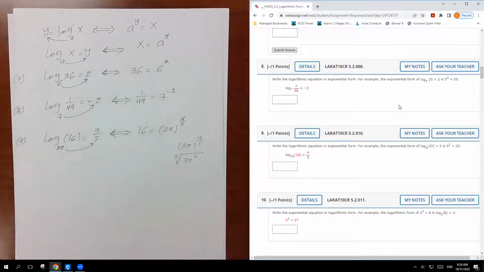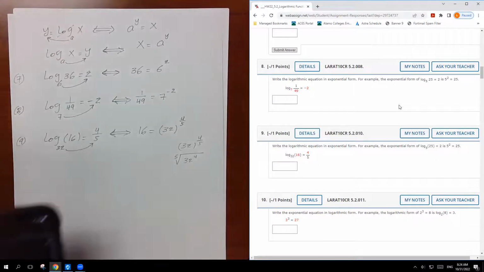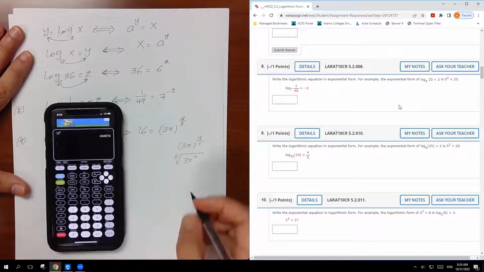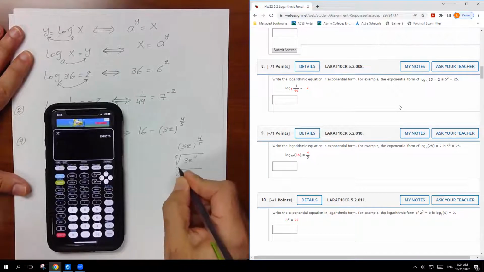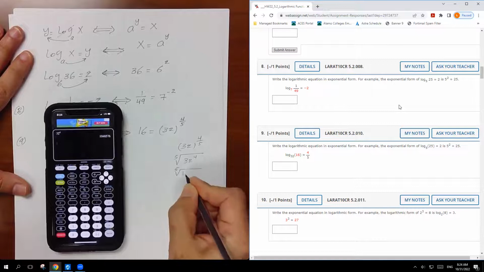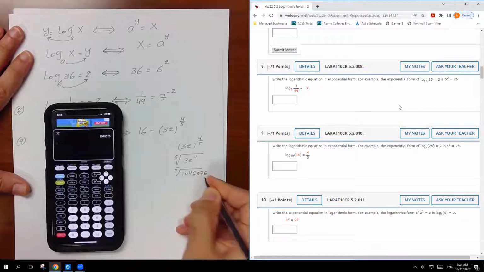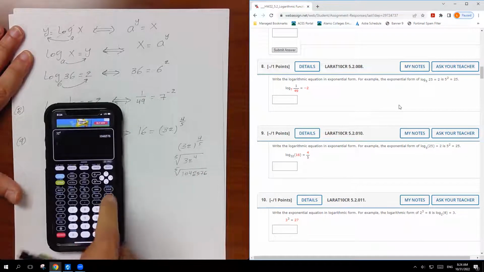Let's check how it's going to be. 32 to the power 4 is going to be 1,048,576. Then take the fifth root of this one.